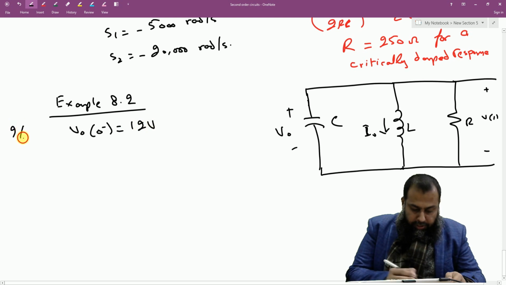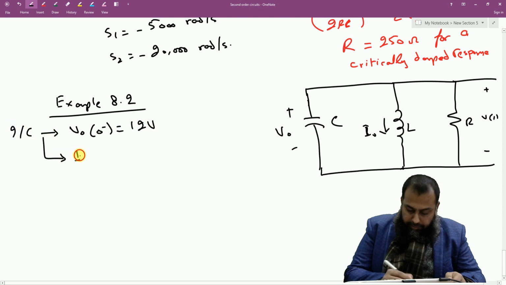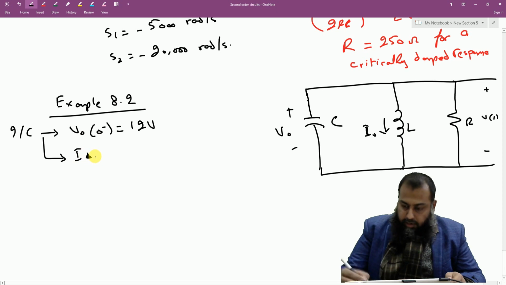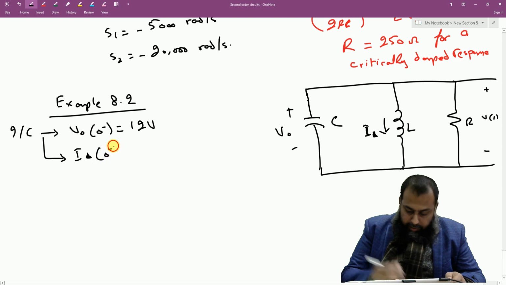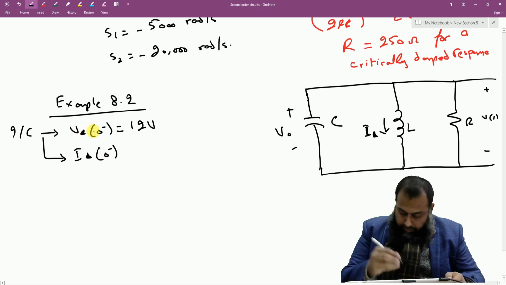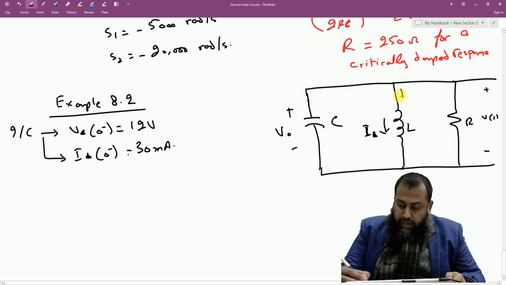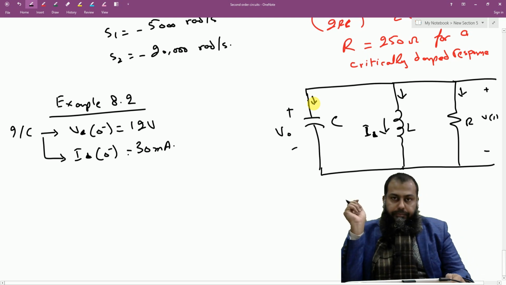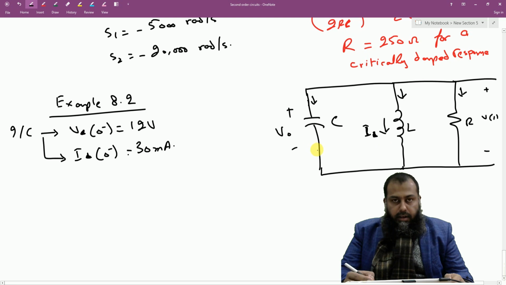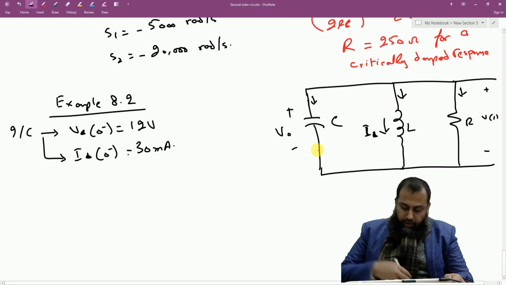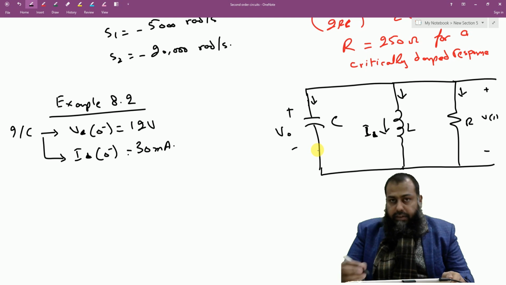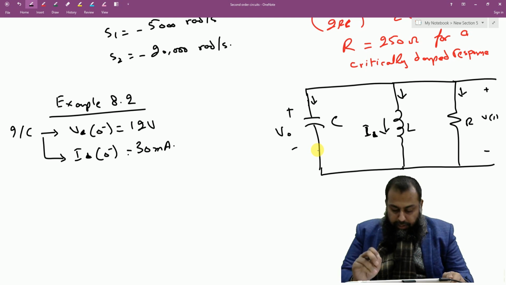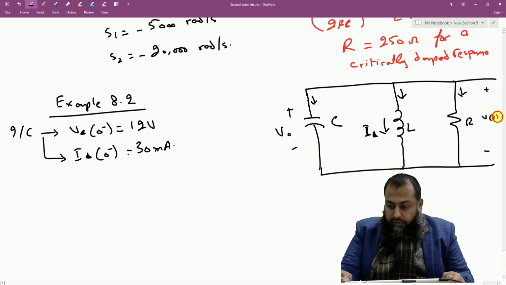The second initial condition is IL 0 negative, which is equal to 30 milliampere, and we want to find the initial currents through all the three branches in this given circuit: the R, the inductance L, and this capacitor C. Also we need to find dV over dt, which is the initial voltage right after the switching, and the expression for this output voltage Vt.